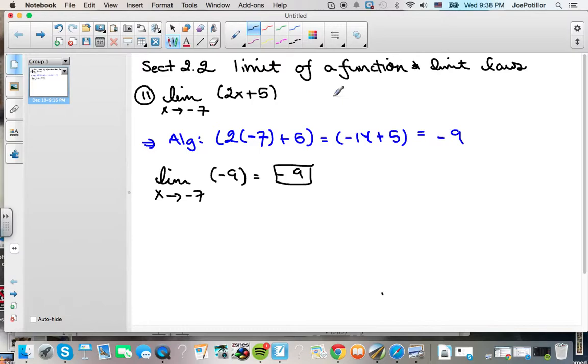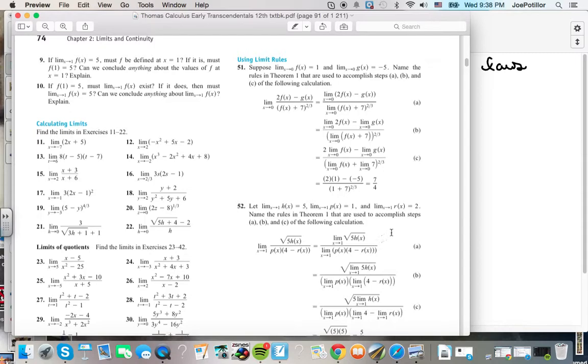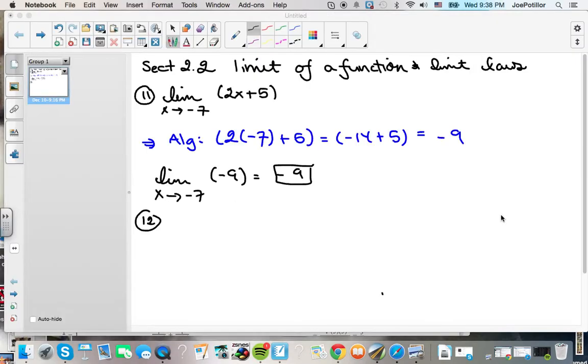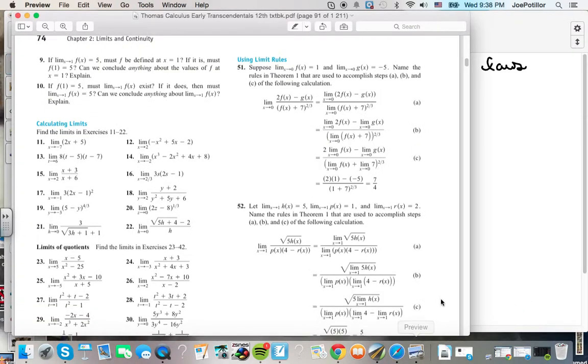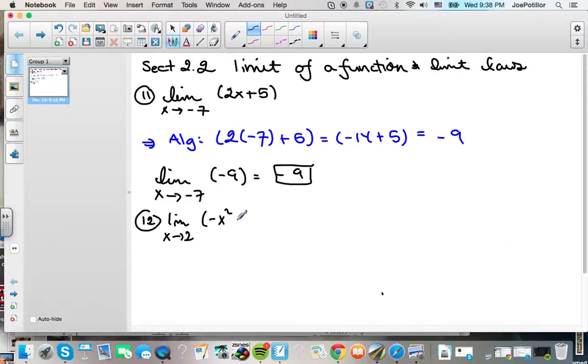Let's try the next one, number 12, which is the limit of negative x squared plus 5x minus 2 as x approaches 2.